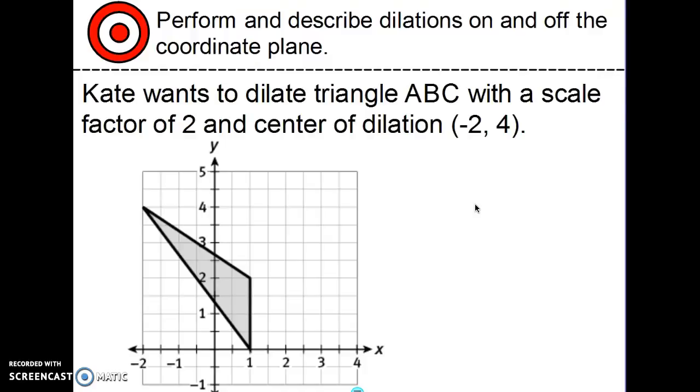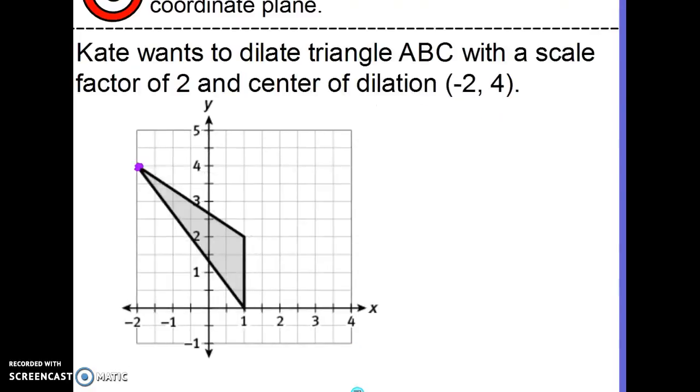Because my center of dilation right now is at -2, 4. If I were to pick up this entire figure, including the center of dilation, and move it 2 to the right and 4 down, the center of dilation would be at 0, 0, right? And if the center of dilation is at 0, 0, I can just multiply, which would be kind of nice. So let me see if we can make that happen.